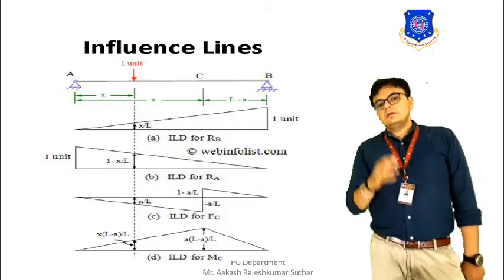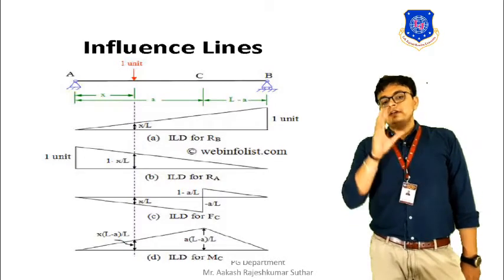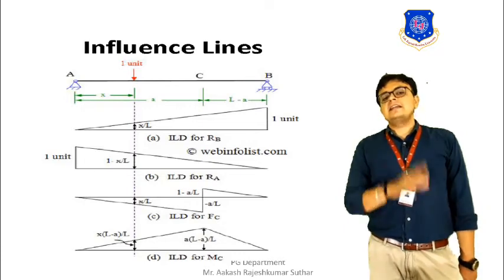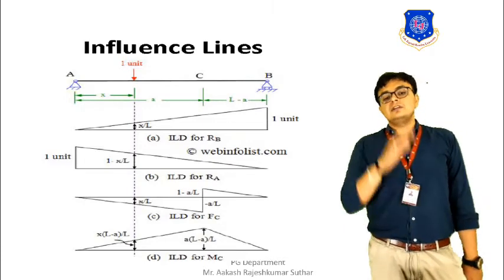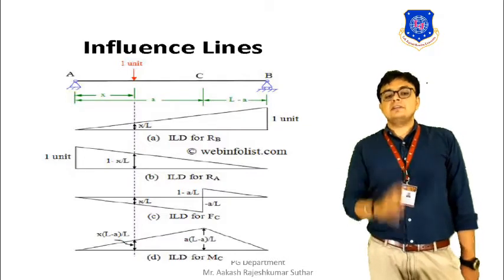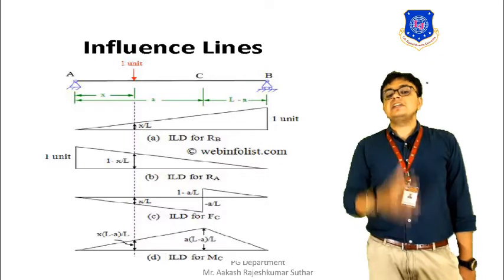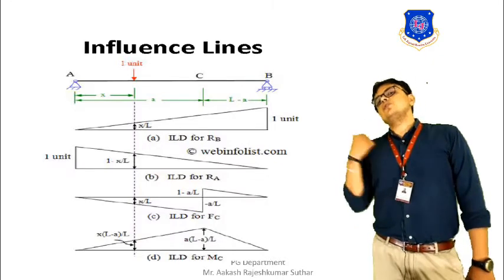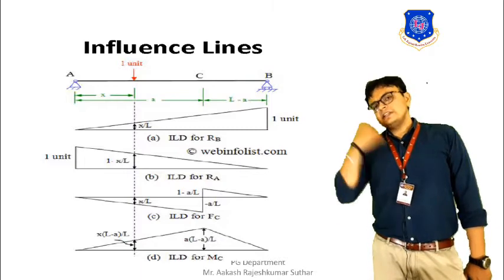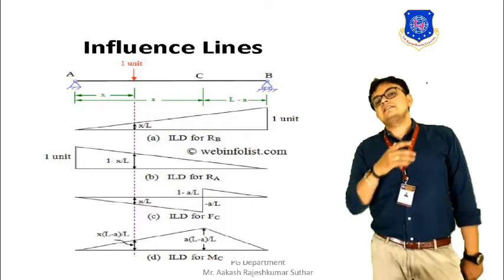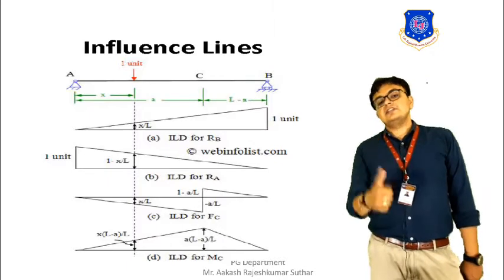Talking about the condition when the unit load is at B, the influence line diagram for the reaction at B will be in such a way. You can see figure A for the influence line diagram for the reaction at B.